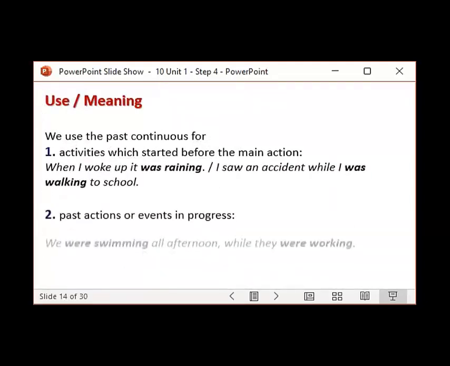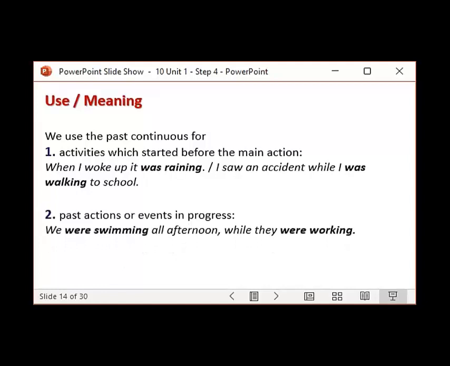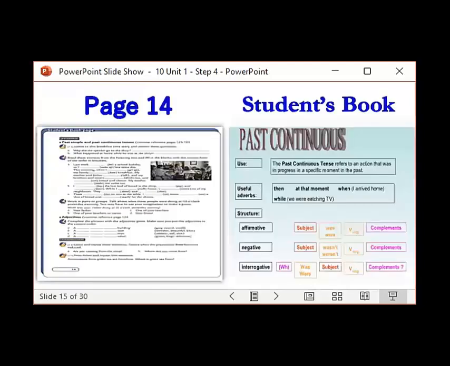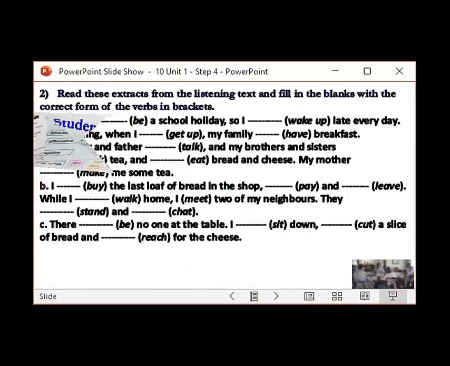And now, we use the past continuous for activities which started before the main action. We use past continuous with past actions or events in progress. Now let's see this exercise with these extracts from the listening text.